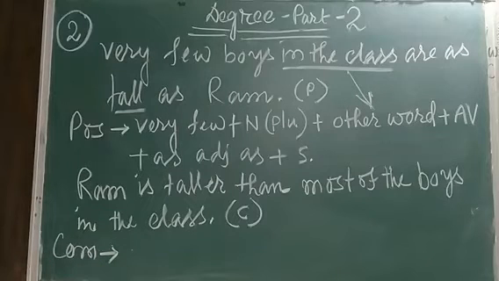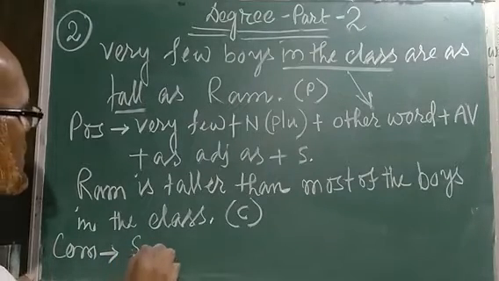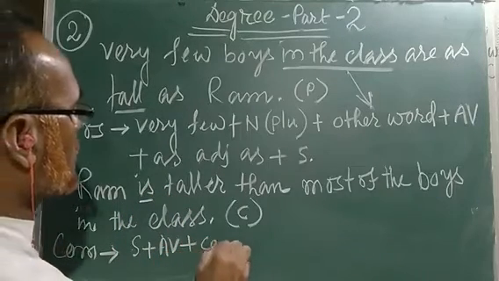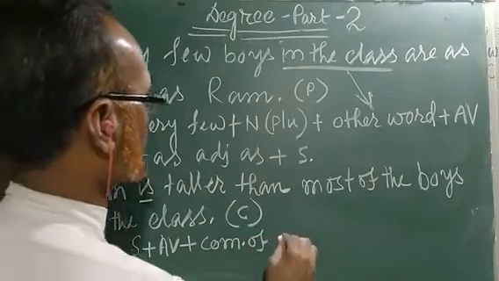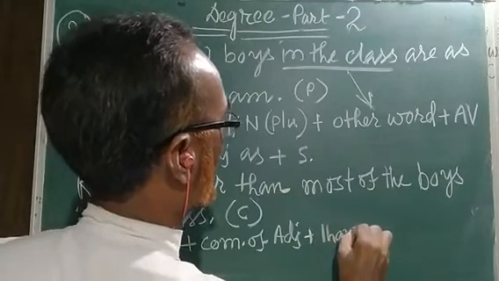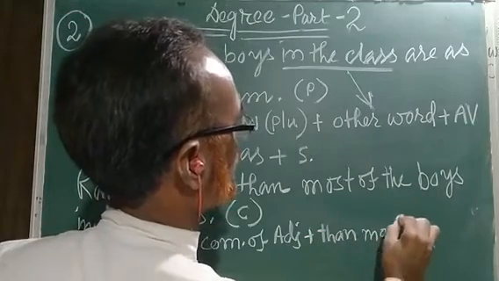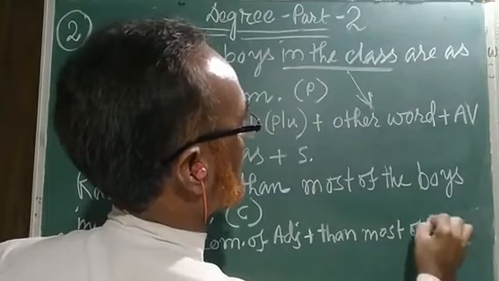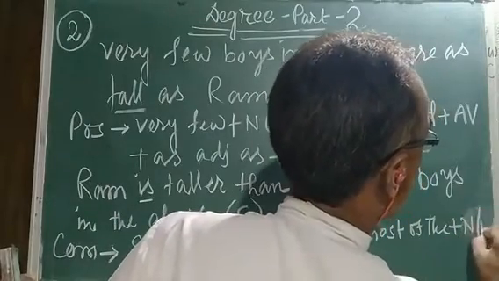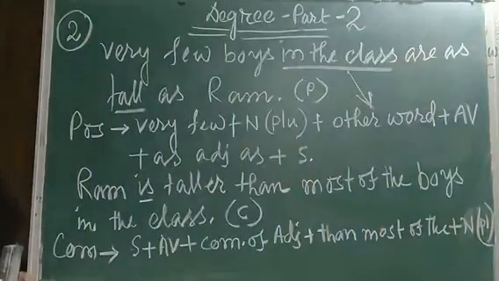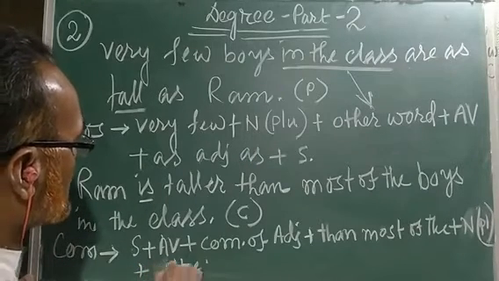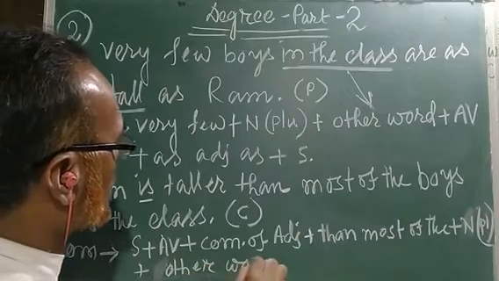COM for comparative degree: subject, after that auxiliary or be or helping verb, plus comparative of adjective, plus than most of the, plus noun in the plural form, plus other in the class, other word.